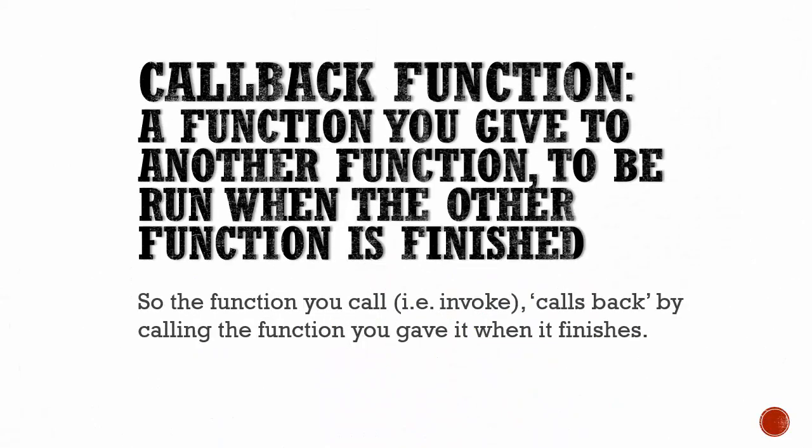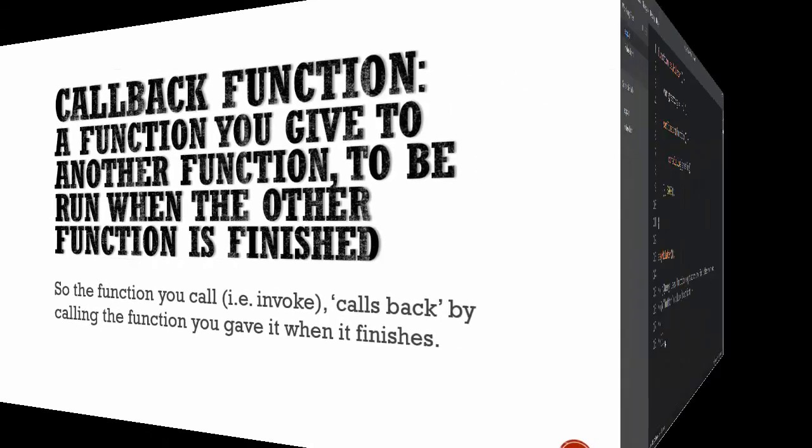That's a function you give to another function to be run when the other function is finished. So you call a function, that is, you invoke it, you execute it, and you give it your own function. And then that function calls back by calling the function you gave it when it finishes. So I call function A and give it function B. And when function A finishes running, it calls function B for me. It calls back. Thus the name, a callback function.